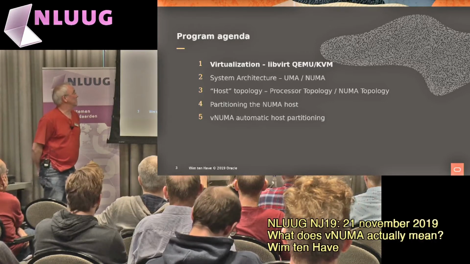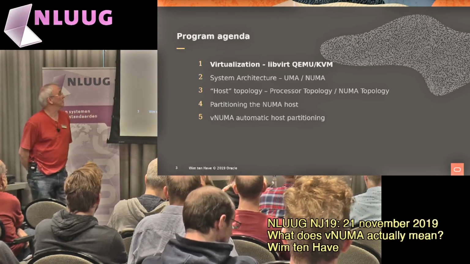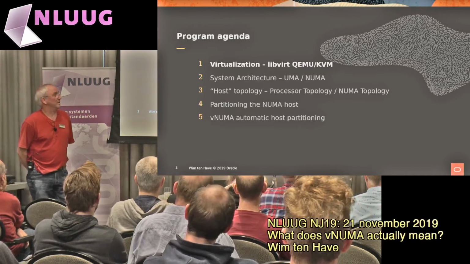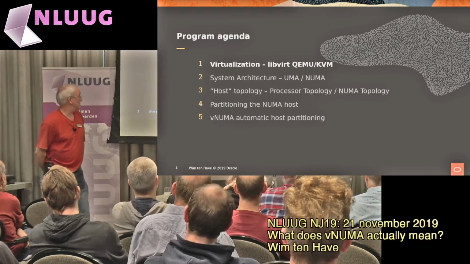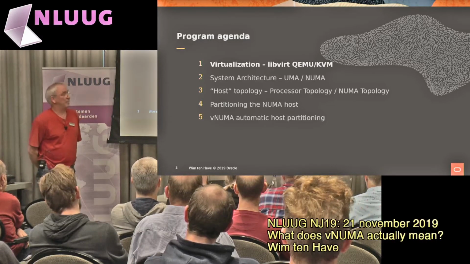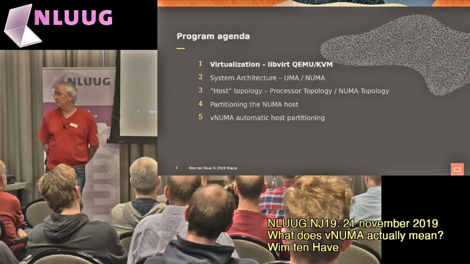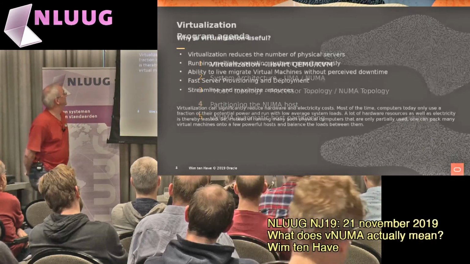I'd like to enlighten you on host topology and processor topology with respect to processor topology and NUMA topology. And then the key part of this presentation is partitioning the NUMA host. And finally, a mechanism I'm preparing to upstream sometime soon, named vNUMA automatic host partitioning.